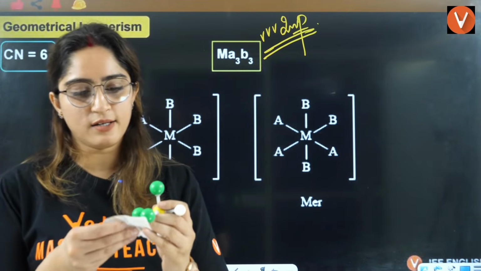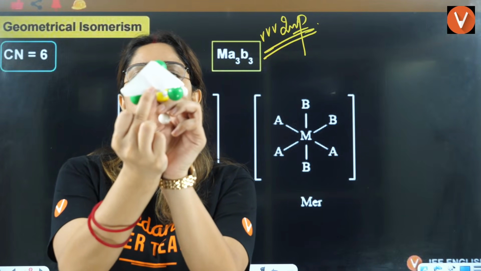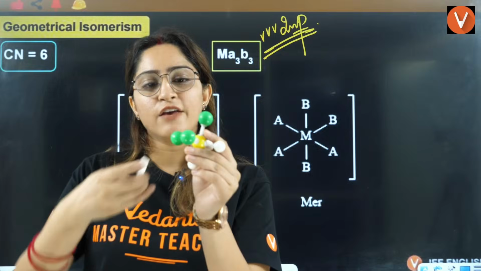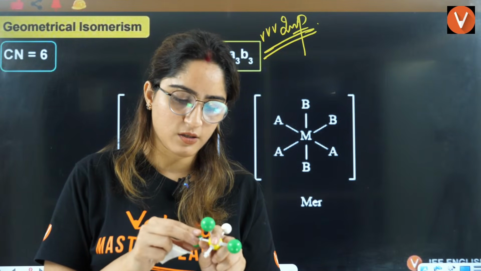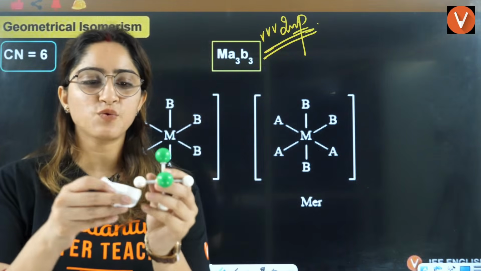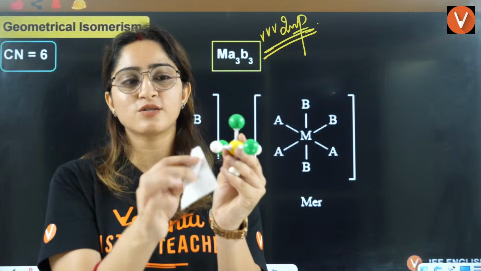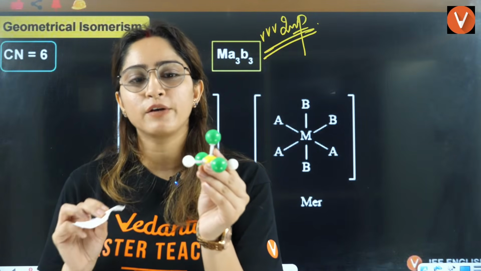Can you see that? This is on one phase. Can you see that, guys? If I put this green here, is this one phase? No, this is not at all becoming one phase, right?